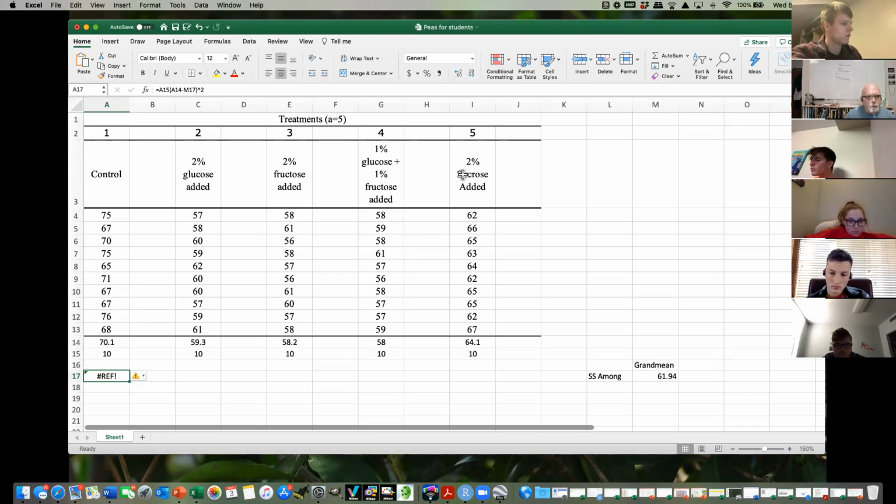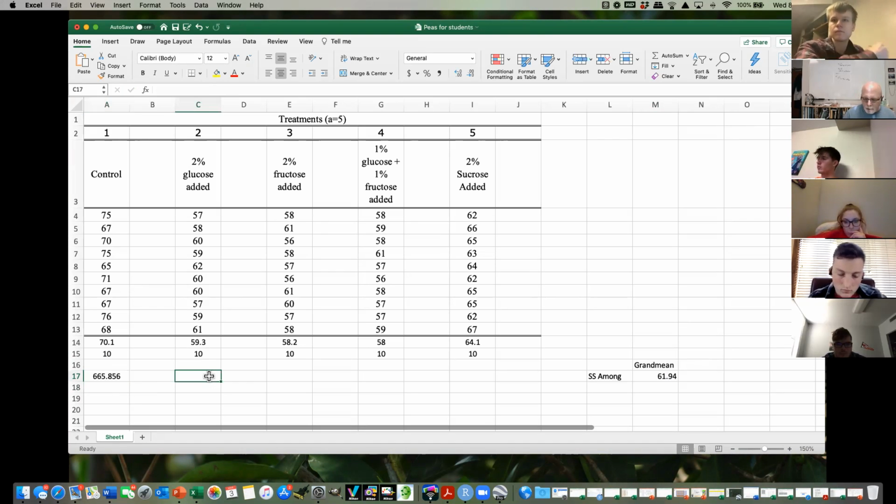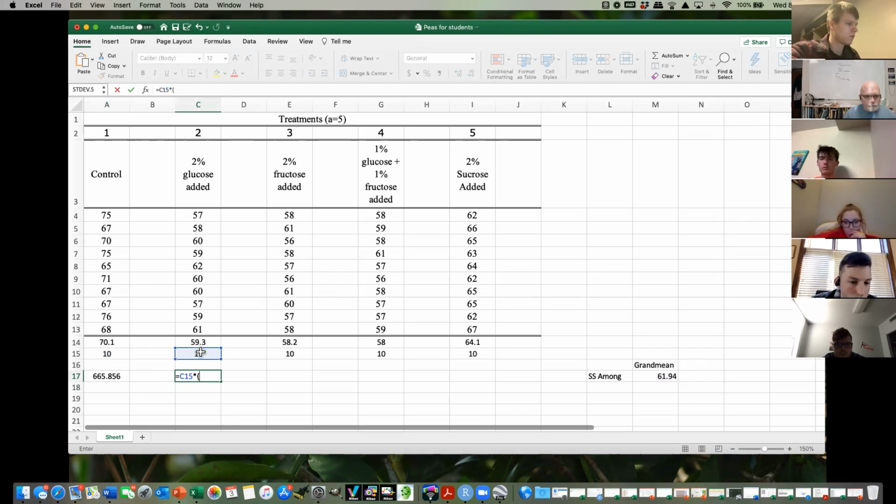Whoa, what happened there? Something is wrong. Yeah, I needed a multiplication thing in there. So in this case, this would also then be the sample size times the sample mean minus the grand mean squared.